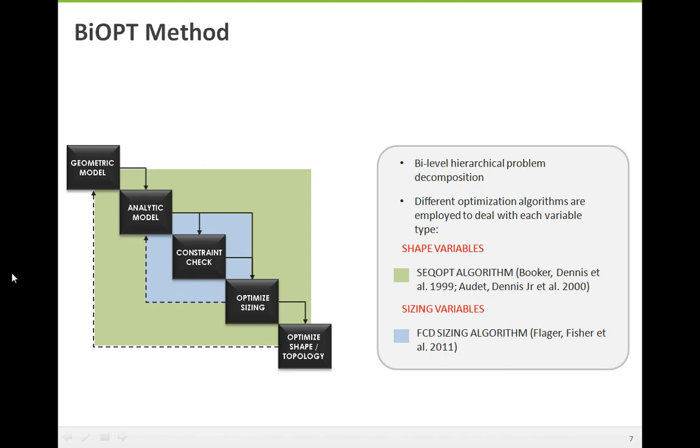Next, the geometry is fed into an analytical tool. This is typically a finite element solver, and that's used to compute, given a certain loading, the forces and deflections on the structure. The next part of the process is what I'm calling the constraint check, which is where you compare those forces, moments and deflections against the allowable criteria.